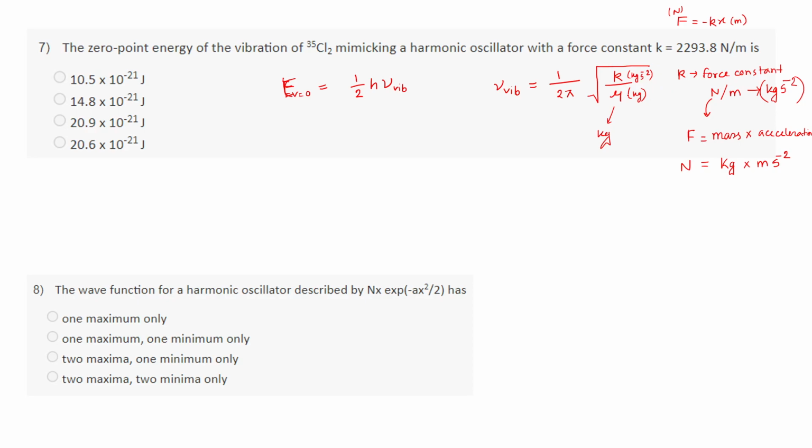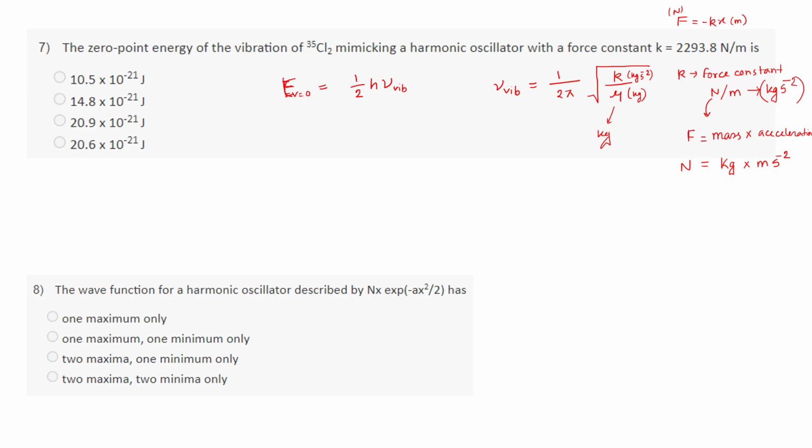That is your frequency. So I am letting you know that we have to take the reduced mass mu in kg to get the frequency in hertz, or to match the units. You understand what I am trying to say here?